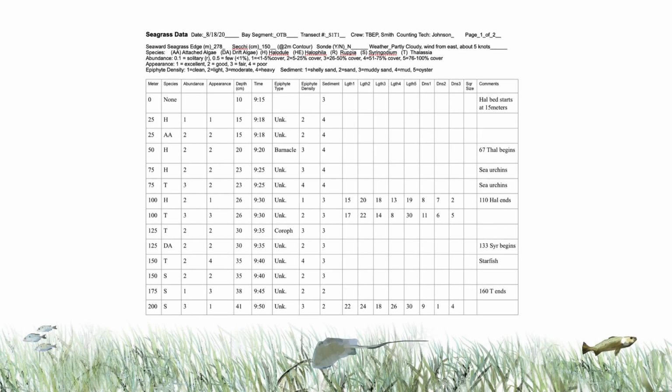Don't forget to record ancillary data, including transect number, date, names of all team members, name of the counting tech, weather conditions, the deep edge, and Secchi depth. All of the seagrass metrics that are described are collected for each species.